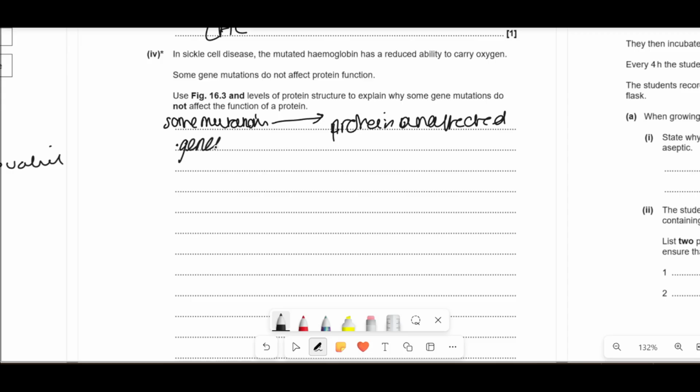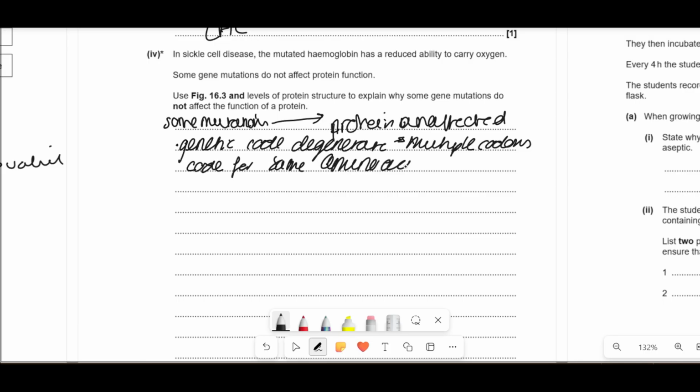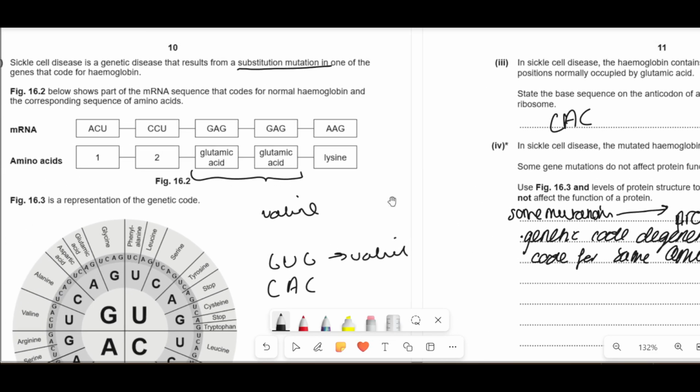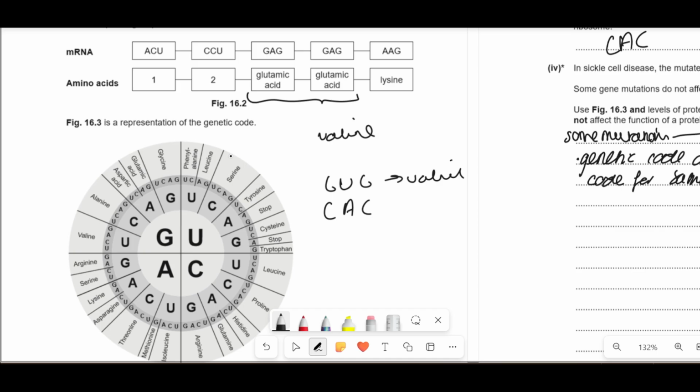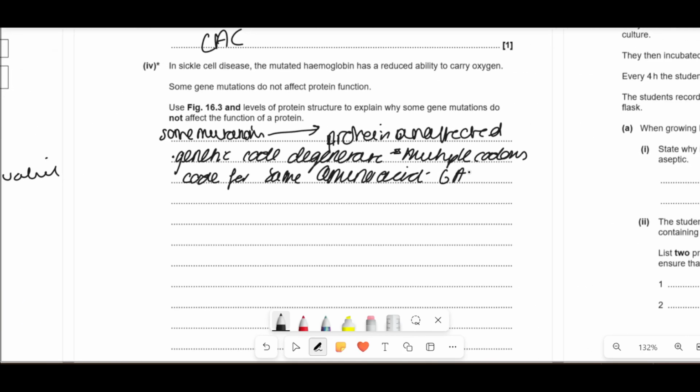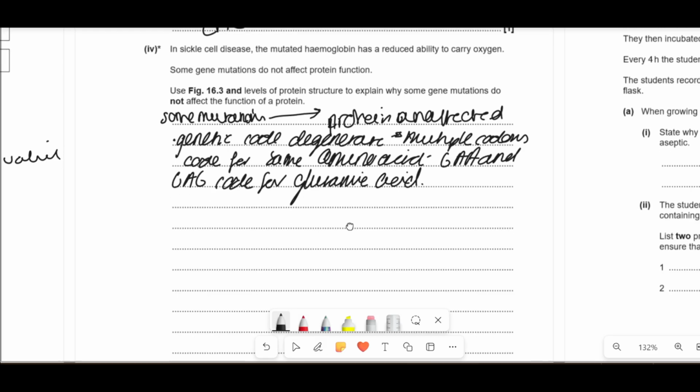So the genetic code is degenerate, meaning multiple codons or base triplets code for the same amino acid. But it says to use that figure, so we're going to use that figure and just come up with one. So, for example, if you look here, GAA and GAG make glutamic acid. That's your first point. Now we need to think what else.